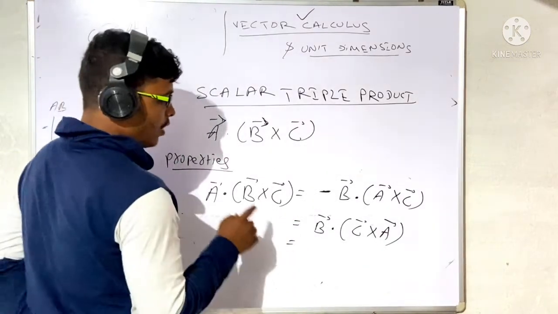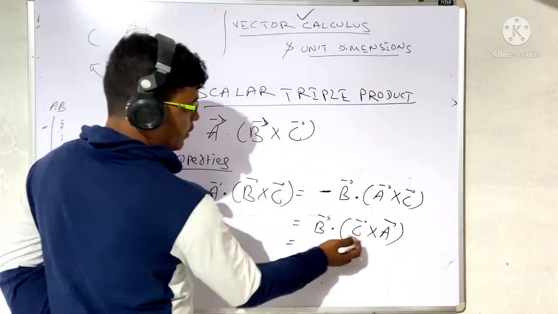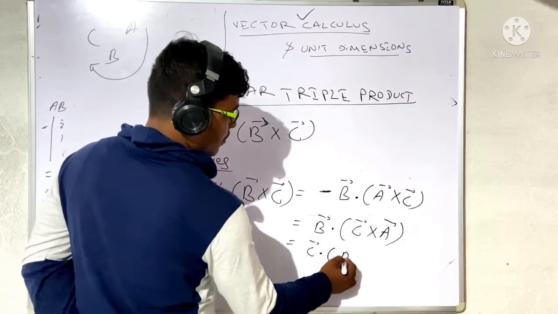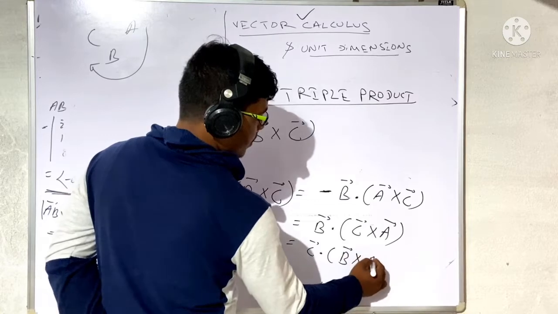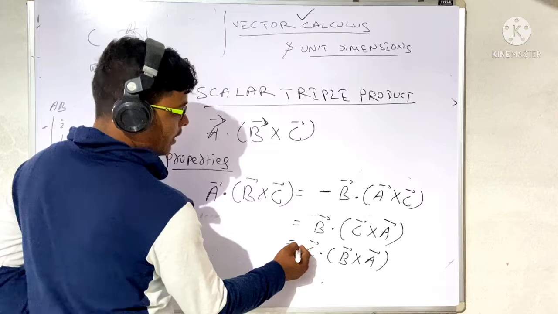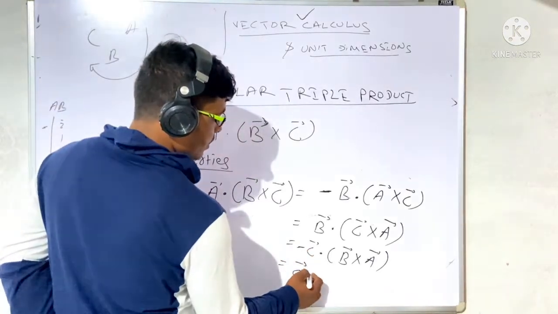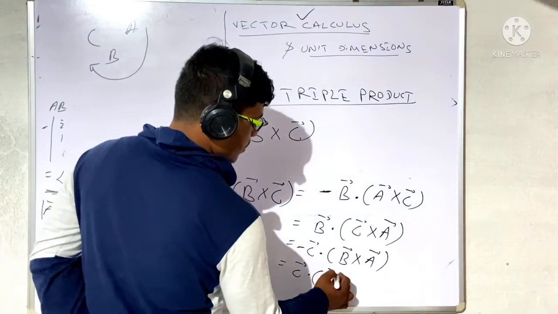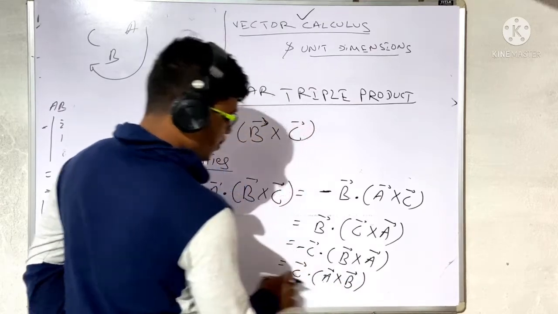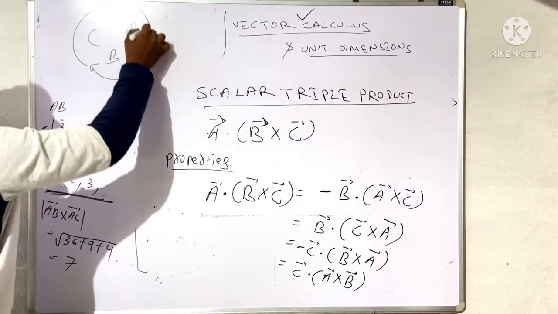If you are writing in the anti-clockwise sense, then there will be a negative sign. So remember, if we change one position, that is C dot B cross A, after C, B does not come, so here the negative sign will remain. Okay, so if we write it as C dot A cross B, here it will be a positive sign because after C comes A. Okay, so it goes around like a circle.